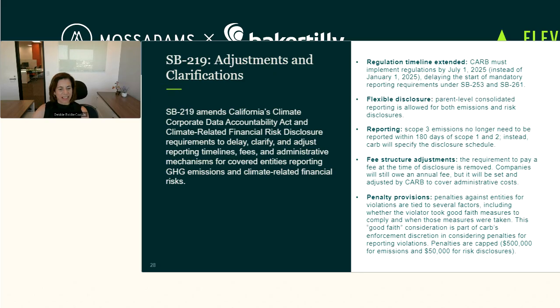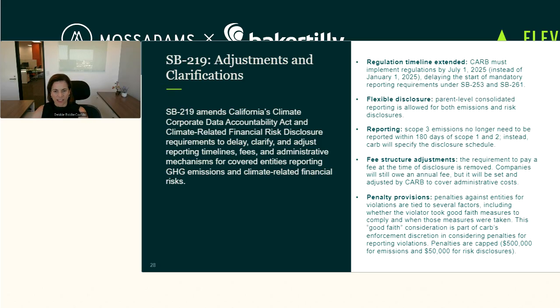Now there is still an important thing that is outstanding, and we've had a number of questions on it, and I wish I had the answer for you, but I don't just yet, which is, what does it mean if we've got an international company and our head office is somewhere else outside of the US, and how does that apply? We do not have clarification yet. That is a known area that CARB is working on, so unfortunately that is still a watch this space. But within the US, you are allowed to do parent-level reporting.